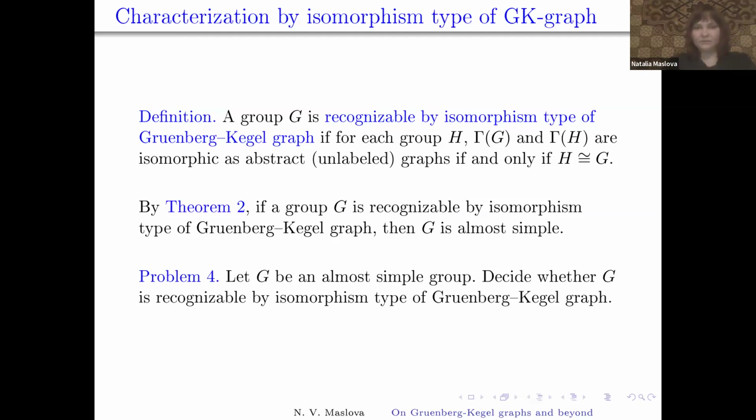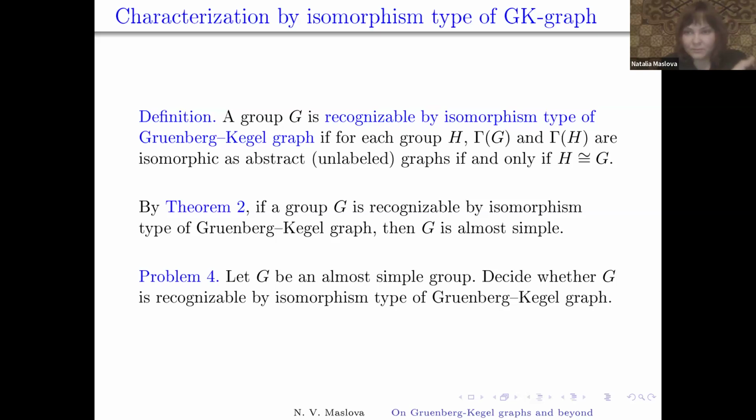A finite group is recognizable by isomorphism type of its Gruenberg-Kegel graph if for each finite group, the Gruenberg-Kegel graphs of groups G and H are isomorphic as unlabeled graphs if and only if the groups are isomorphic.